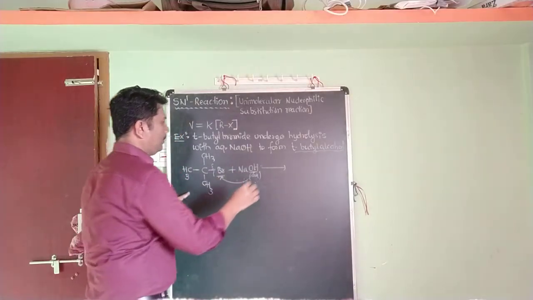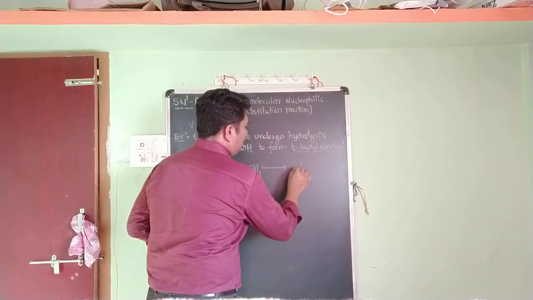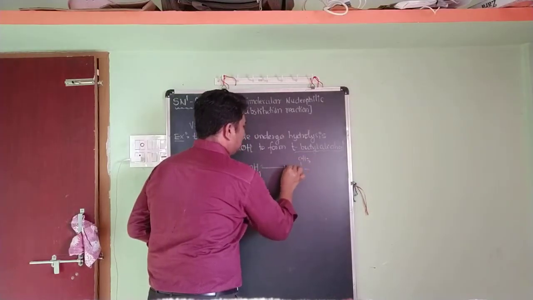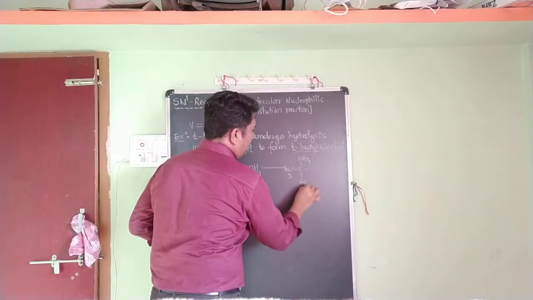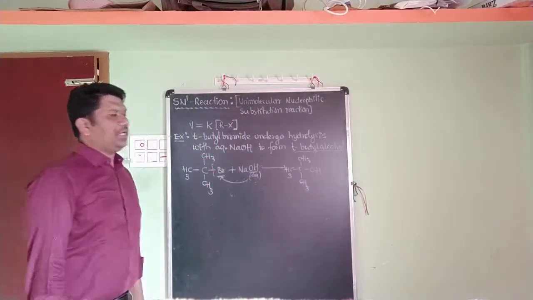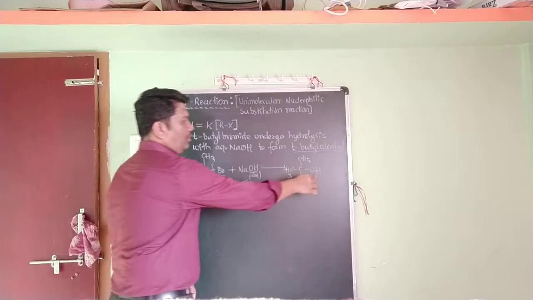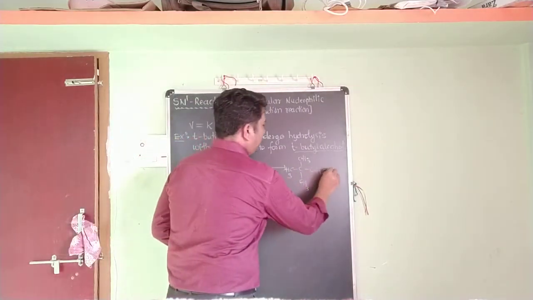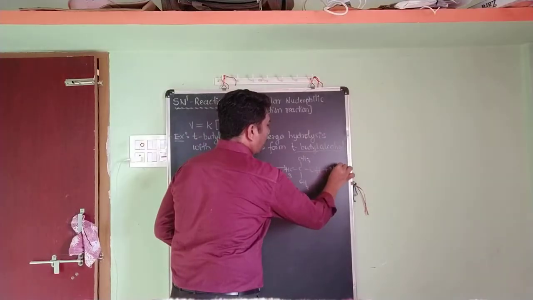See here, so it will become C, it is CH3, and this is OH, and this is called tertiary butyl alcohol. OH is the alcoholic group, and the remaining is NaBr.